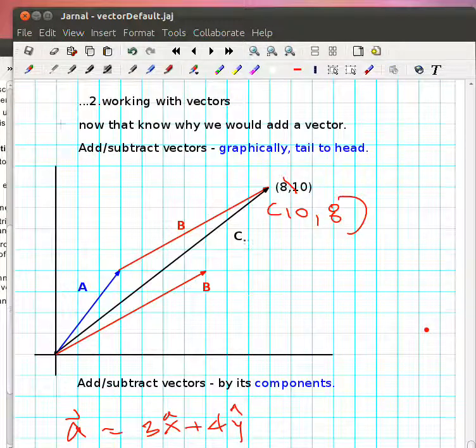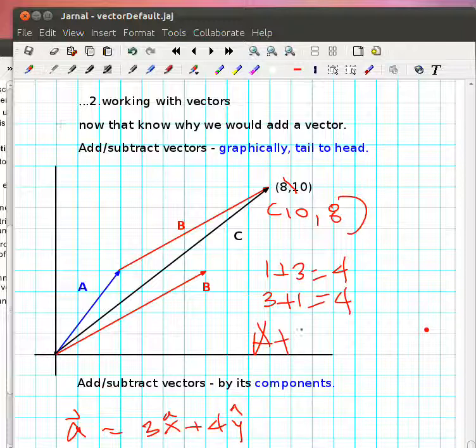Now, with numbers, we say something like 1 plus 3 equals 4, but we can also reverse that and say 3 plus 1 equals 4. Is that the same with vectors? Can we switch it around and see if it's the same? Is A plus B equals B plus A?